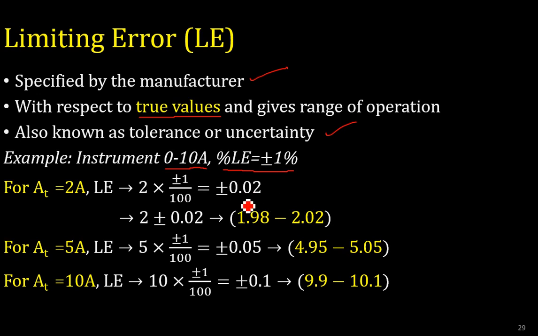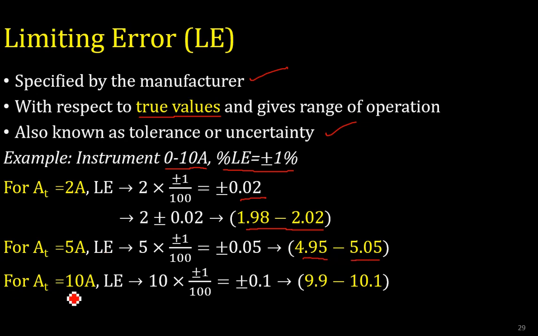So 1% of 2 is 0.02, and your measurement is expected to be between 1.98 and 2.02. The same instrument, when you measure 5 amperes, 1% of 5 is plus or minus 0.05, and the measurement will be expected in the range 4.95 and 5.05.